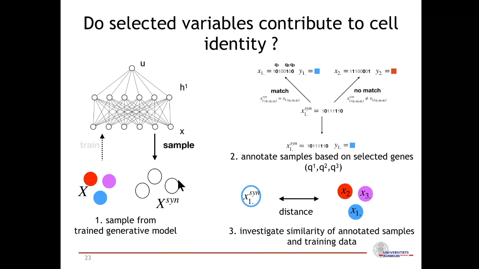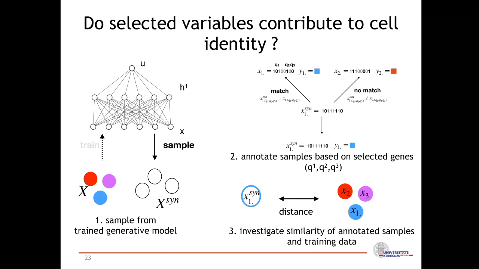We check whether this synthetic observation has, in these 8 or in this case 3 genes, the same state as a given training example, and then we do a match. We match for these positions and then transfer the label of the empirical observation with a perfect match to the synthetic observation.